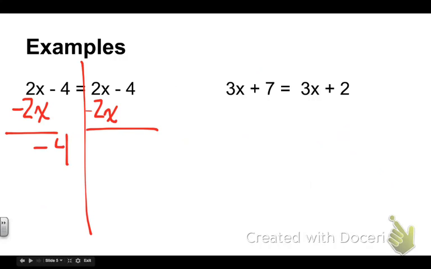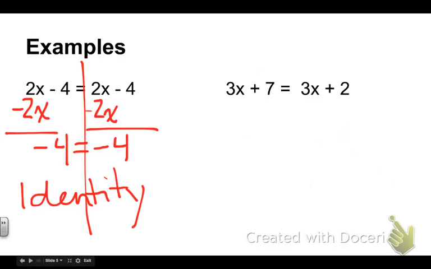That gives me negative 4 is equal to negative 4. They might say, well, that's equal. I'm not solving for anything that's equal. Exactly. That's an identity. All right? The left side is equal to the right side. It's an identity. Every single number that you could possibly think of will make that equation true.